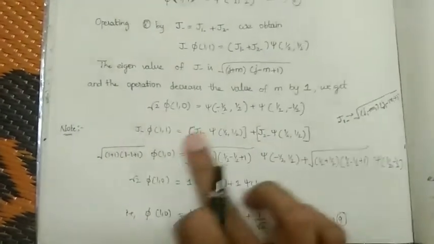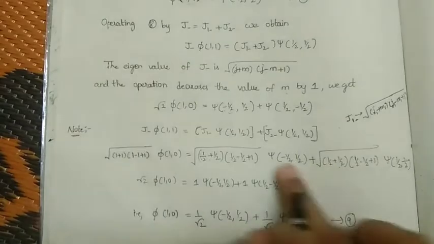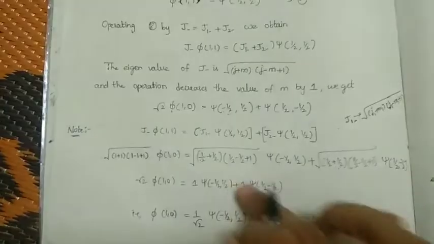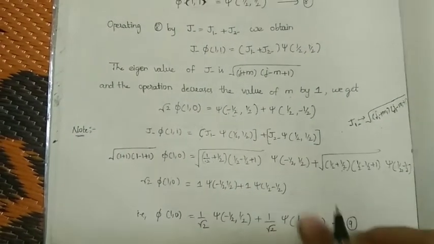So this is the thing we have, 1 and here also 1, so hence we have this form from these calculations. If we send root 2 to that side, we get 1 by root 2, and here also 1 by root 2. So this is one of the equations.